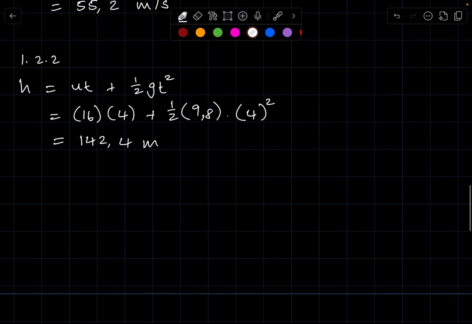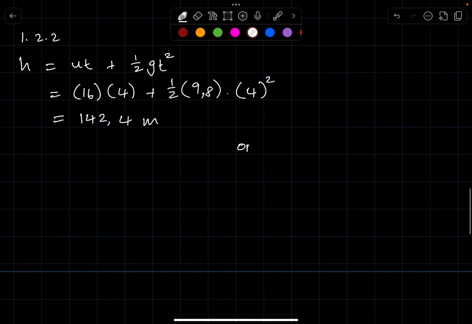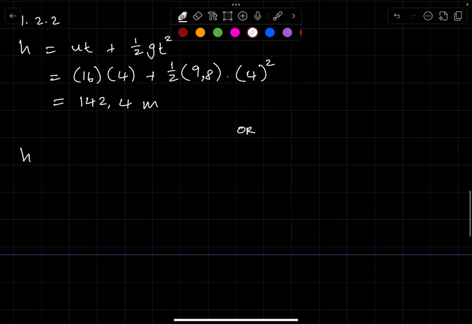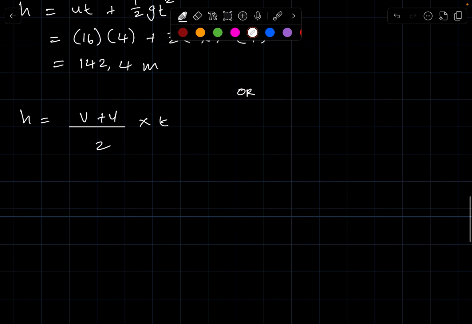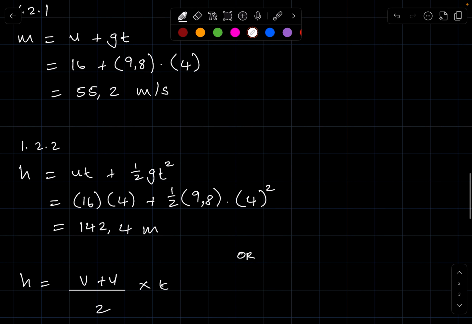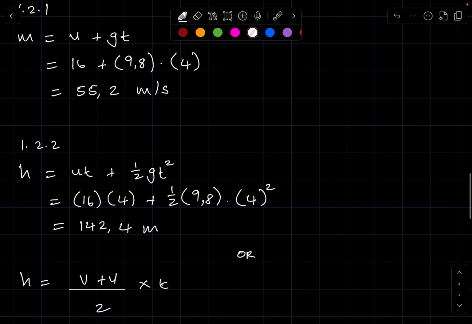Now let us look at what happens if we use the other equation of motion, which is v plus u divided by 2, times t. Now let's substitute. v, which remember is essentially the m here, is 55.2.